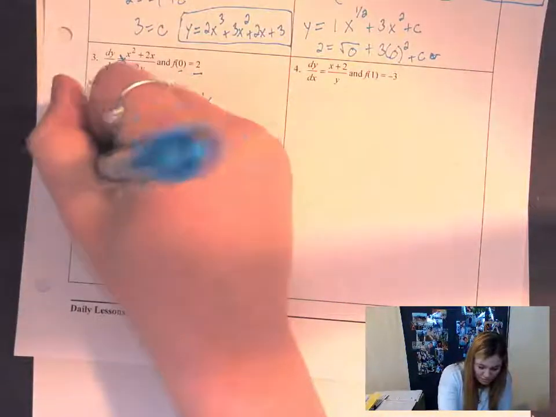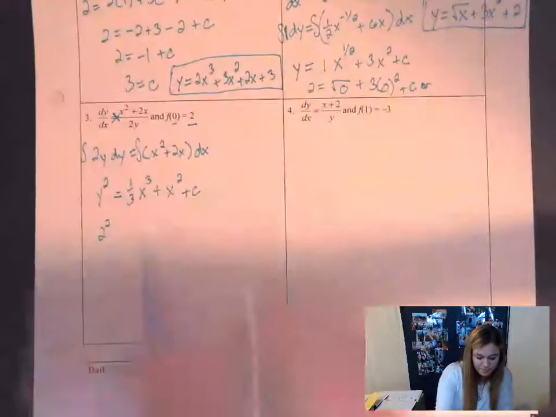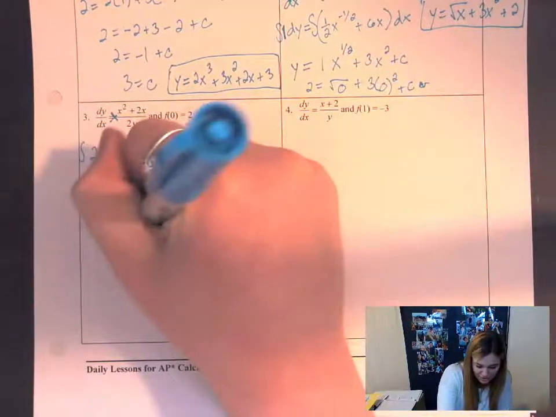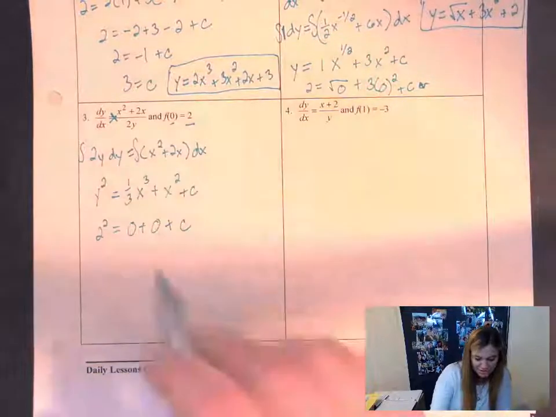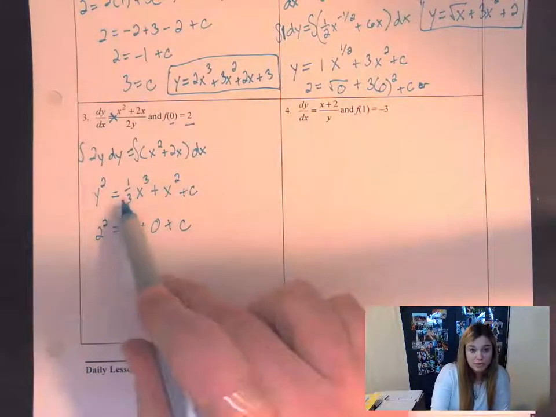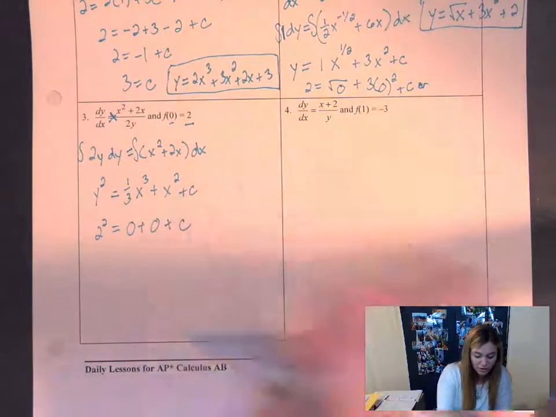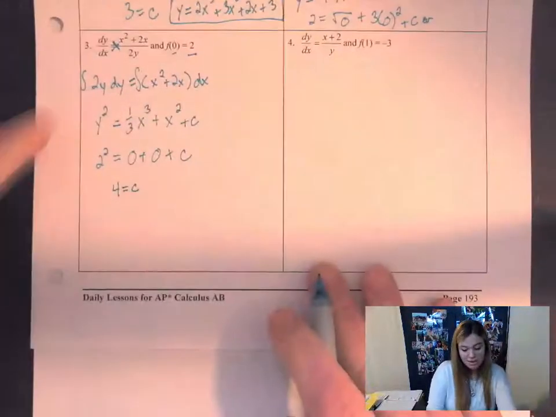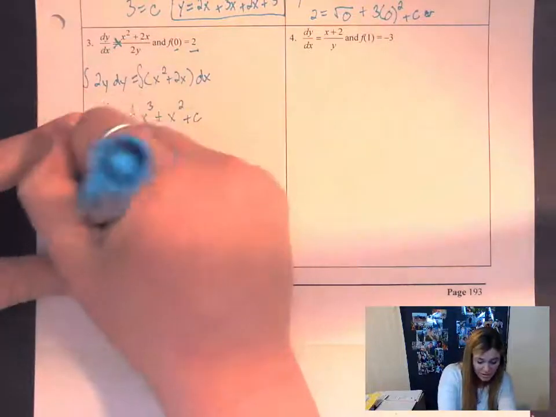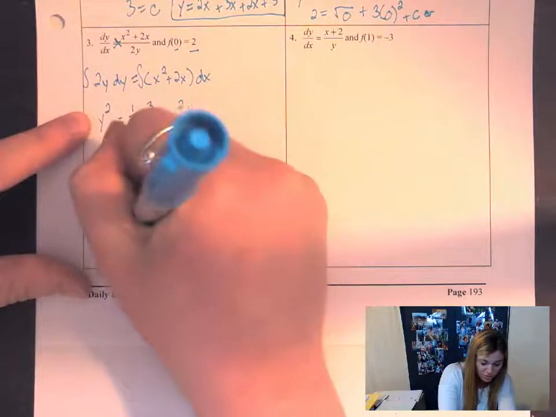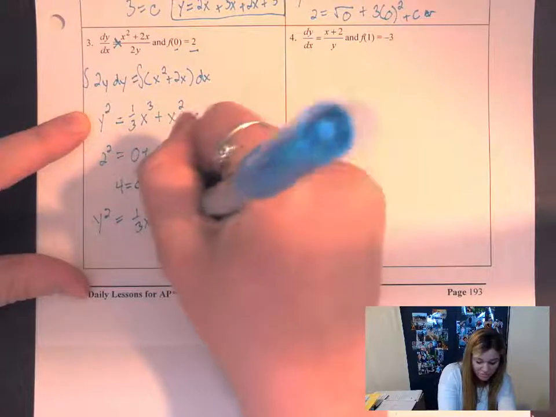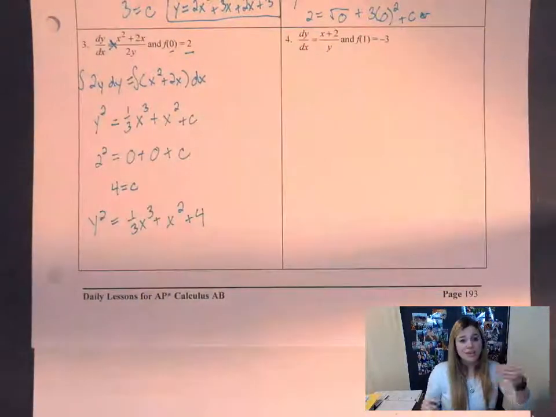So in this one, I'm going to sub in 2 squared is equal to 0 plus c, because I'm taking 0 cubed times 1/3, 0 squared, 0. Okay, so I find out that 4 is equal to c. So again, I'm going to go up here and say y squared is equal to 1/3 x cubed plus x squared plus 4. We're not done.